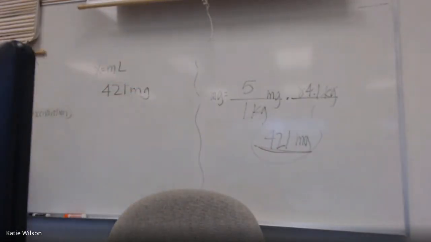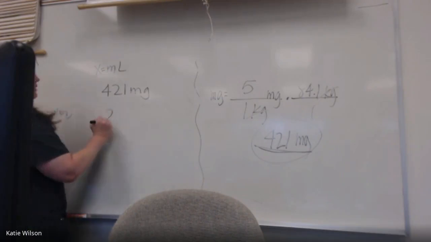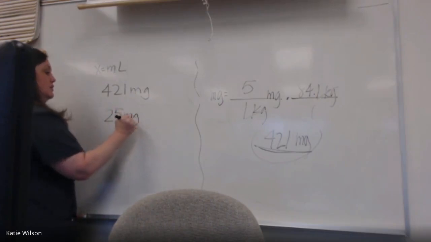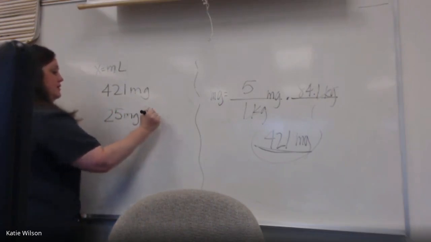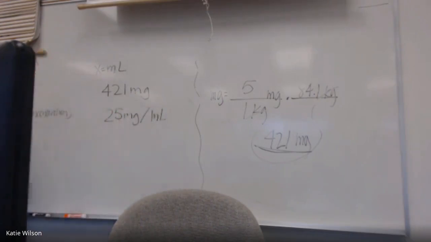Okay. And then what do I have available to give them? What's my concentration or availability of that medicine? 25 milligrams for every milliliter. Okay.